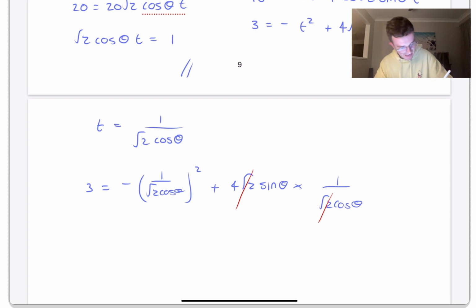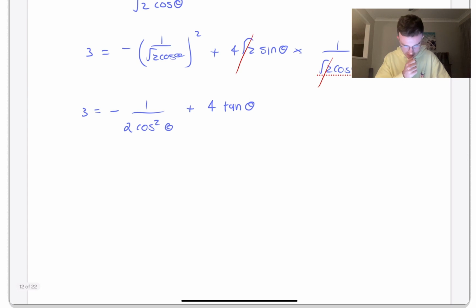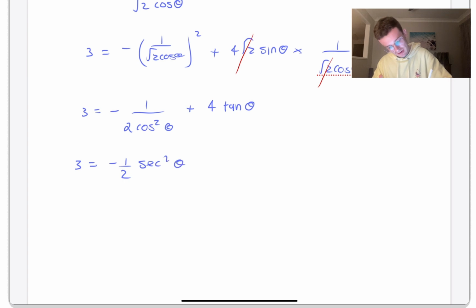Sine on cos is tan. So this is 3 is equal to minus 1 over root 2 squared, which is 2, cos squared plus 4 tan theta. We know that 1 on cos squared is sec squared, so this is 3 is equal to minus a half sec squared theta plus 4 tan theta.